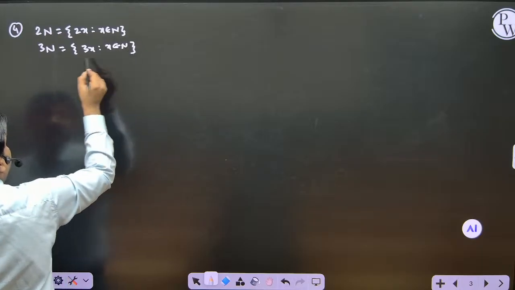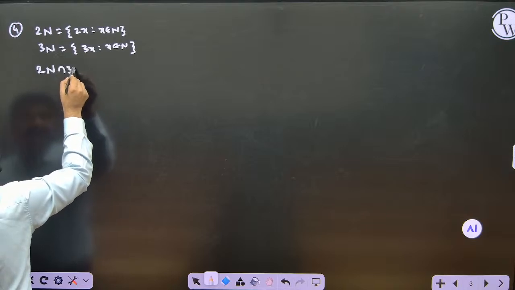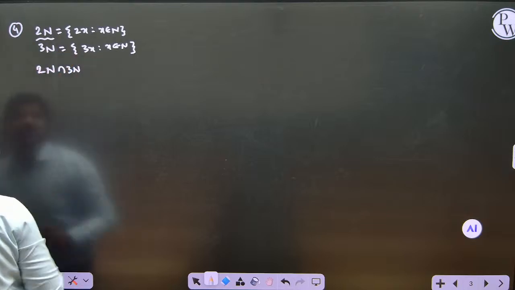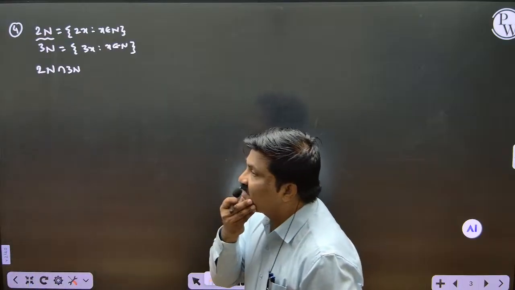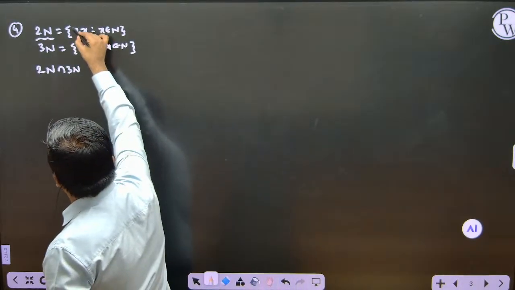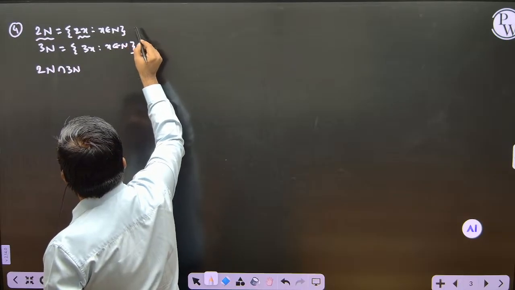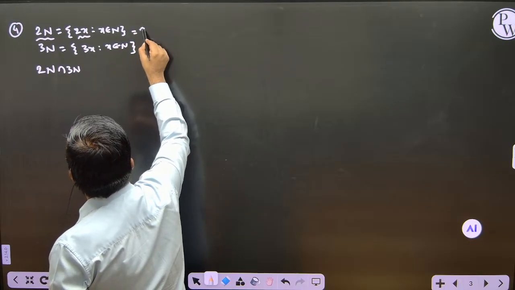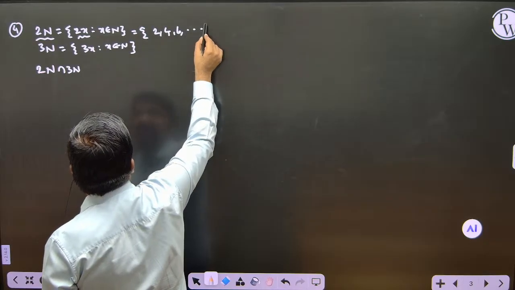Then he asked 2n intersection 3n. So what does 2n give, Amma? Even natural numbers. Why? 2n consists of the form 2x, and that x gives natural numbers, so we get 2, 4, 6, like this in order.